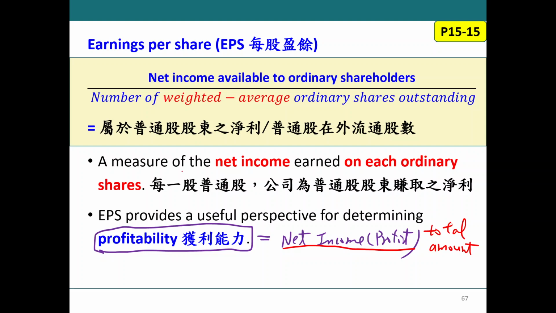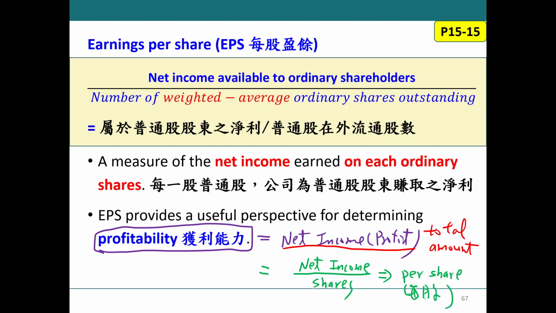We use per unit, per share. So we divide it by shares. You still can get the profit, but the number is per share, the profit for each share, 每股.